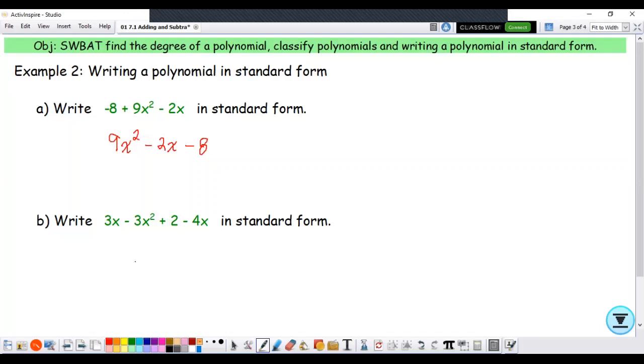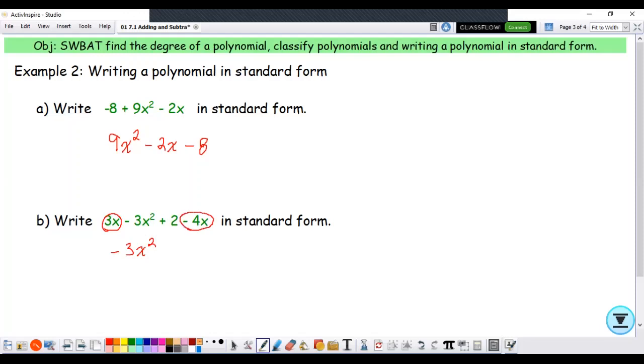For our next polynomial, again, we start with our largest exponent. Not only is it 3x squared, but we have the subtraction in front of it, so it's minus 3x squared or negative 3x squared. But then you see we have a 3x and we have a minus 4x. We've got like terms.